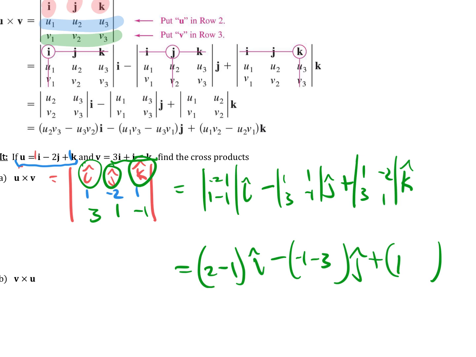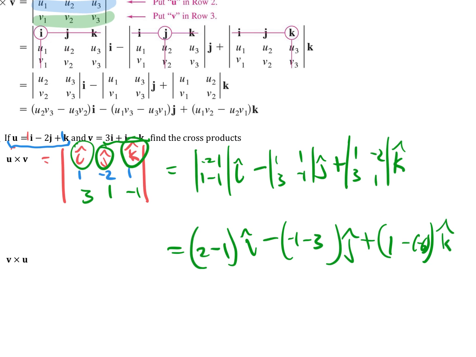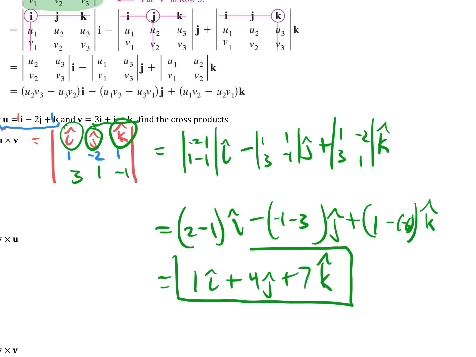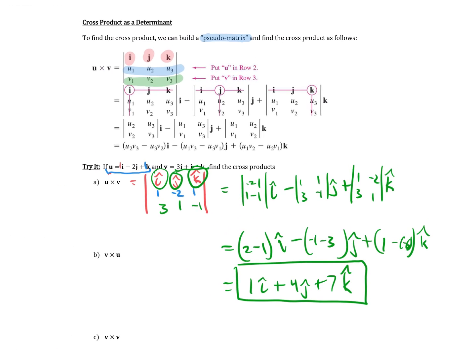So 1 minus -6. Watch out for those negatives. Okay, and that's going to end up being 1i. This will be minus -4, which is plus 4j. And this will be 7 plus 7k. There you go. Okay, that is our cross product.